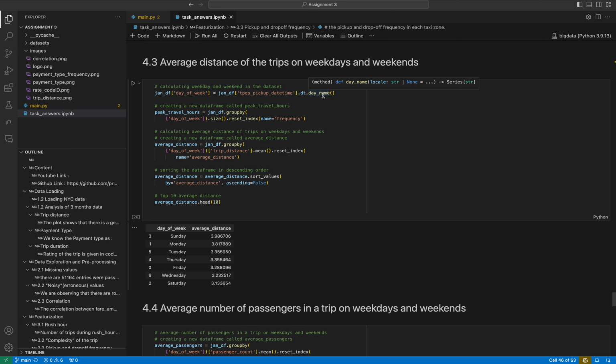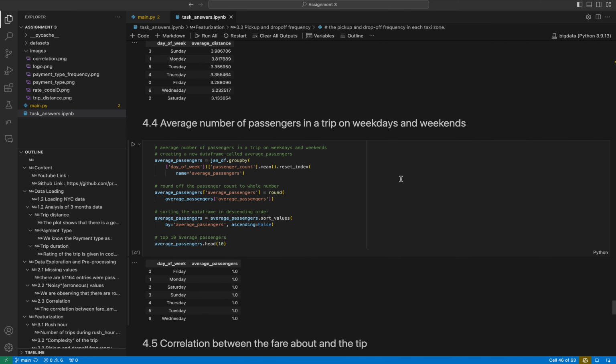Maybe they are going somewhere, or coming back from a vacation, something like that. Average number of passengers, I had to round up, because you cannot have 1.5 or 2.5 passengers. So 1.5 is closer to 2. But the average number of passengers is always 1, because we are excluding the cab driver.